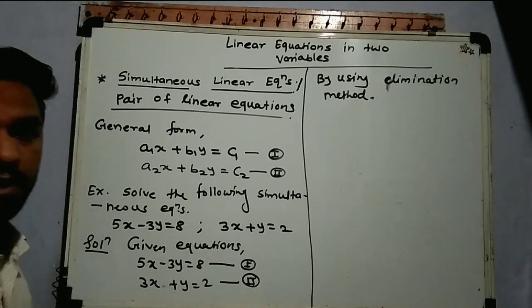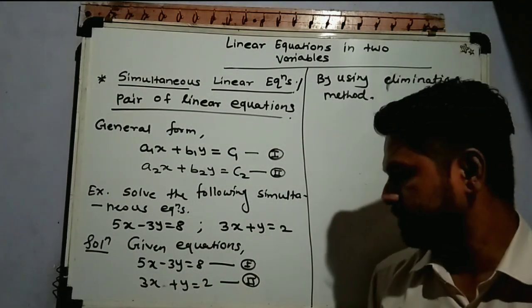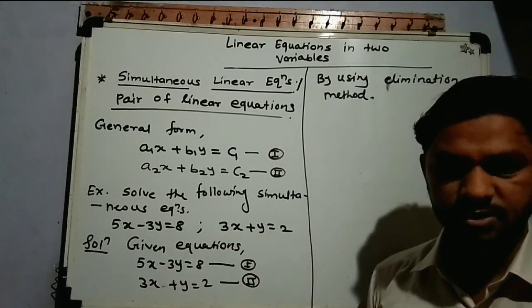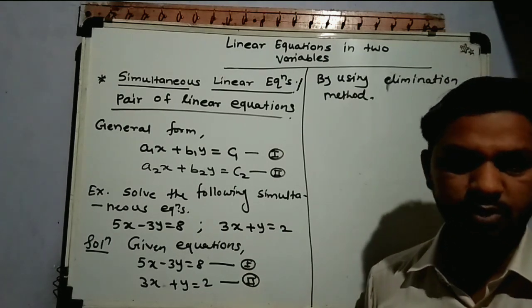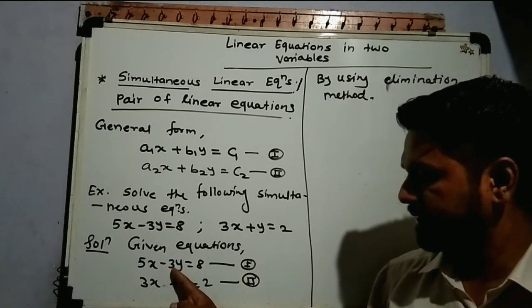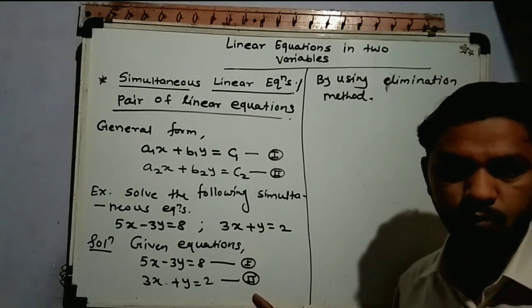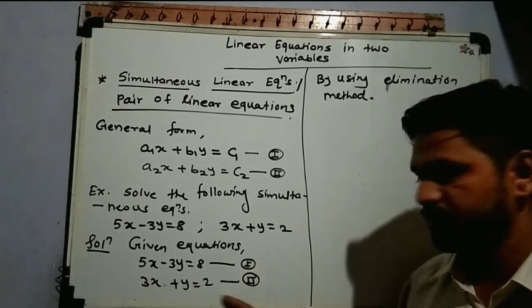If we have to eliminate y, then obviously their coefficients should be equal. If you observe these equations, to eliminate y you should multiply 3 to equation 2.